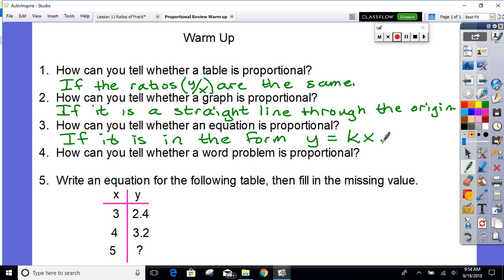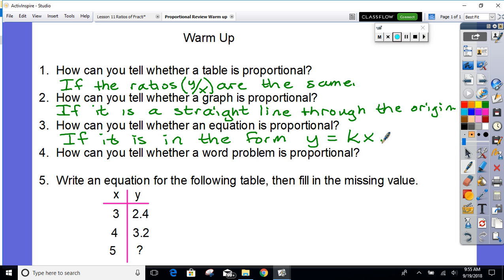Andre? Yeah, what number? Where do I get that number? Anybody else want to answer that? Where does the K come from? Where do I get that number K? Haley? When I write an equation in the form Y equals KX, how do I know what number to put here for K?